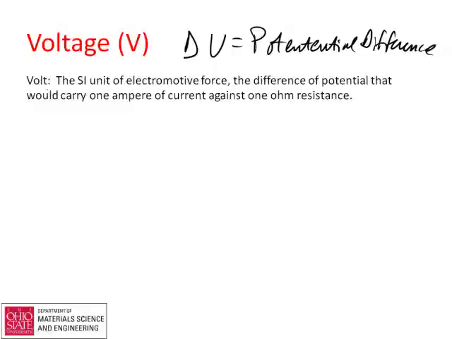So the volt is the SI unit of electromotive force, force on electrons, where the potential difference would carry 1 amp of current against 1 ohm of resistance. Okay, so there's a little bit of recursive definition here. We carry 1 ampere, usually called amp, of current against 1 ohm resistance.